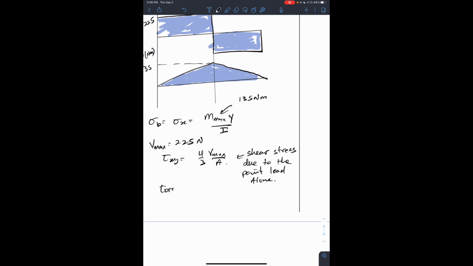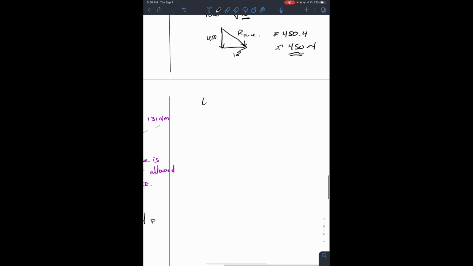So the torsional shear stress must also be now considered. And if we could recall the formula for torsional shear stress, tau xy, I put torsion in below here just to separate, is equal to your torque by, in our case, R2 over J. And J is your polar moment of inertia.